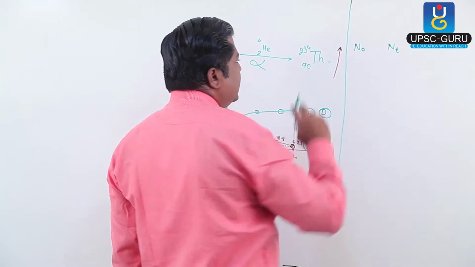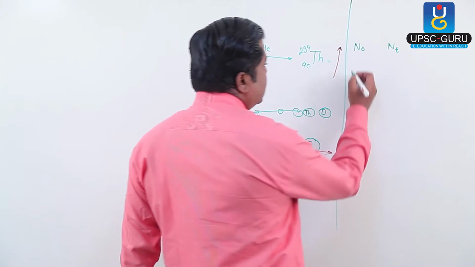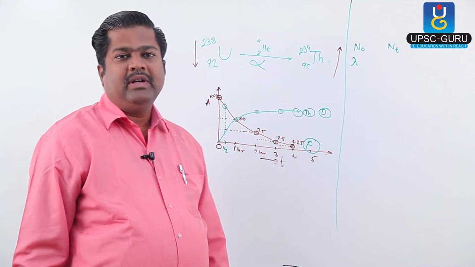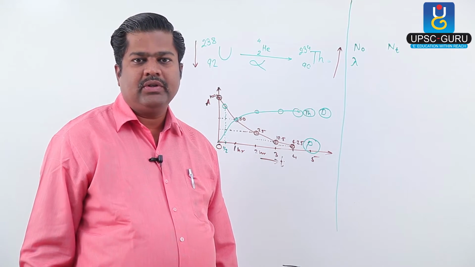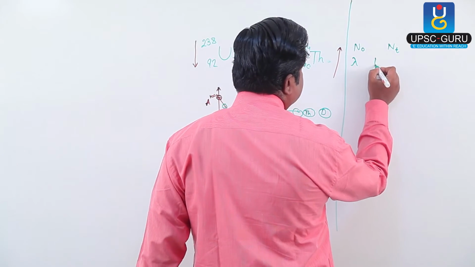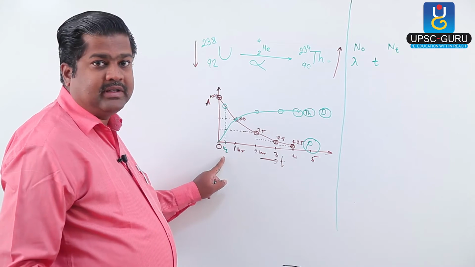So you are aware now, N0 is the initial amount, NT is the final amount. Then there is a constant, we are calling this lambda, that is the decay constant, disintegration constant, or radioactivity constant. Then there is the concept T, as on this graph I have to check after a certain time.